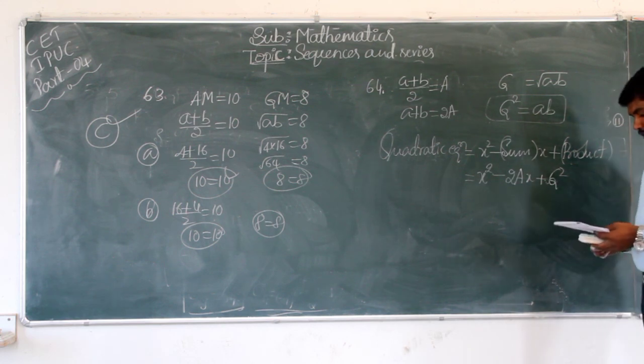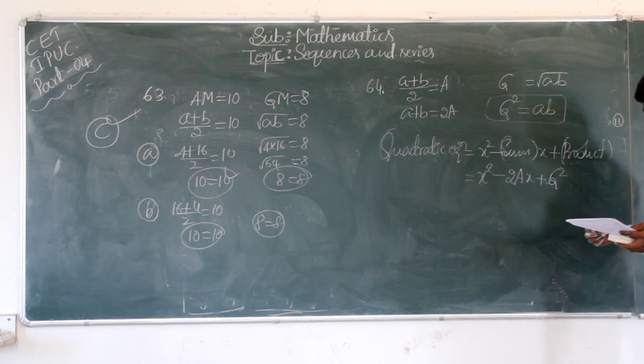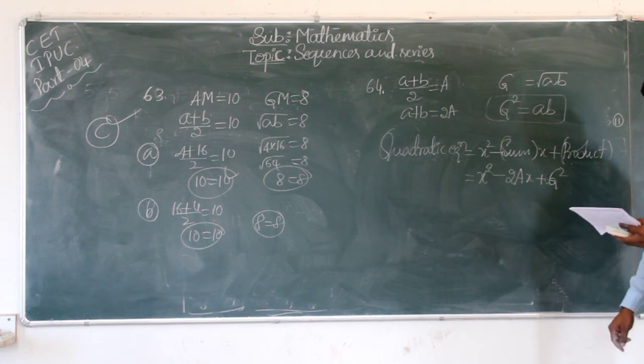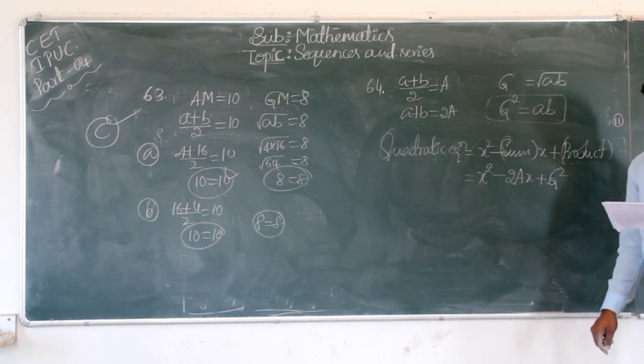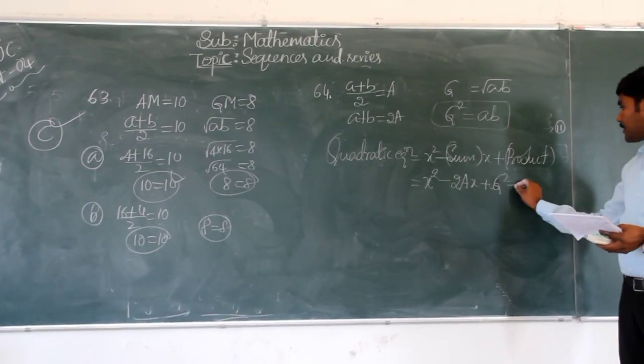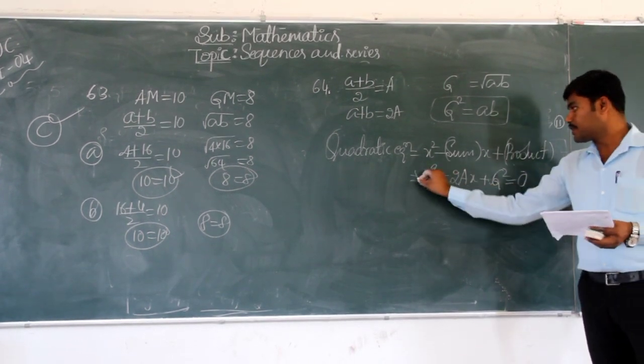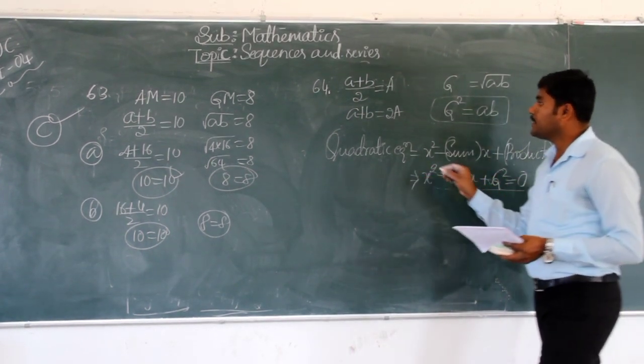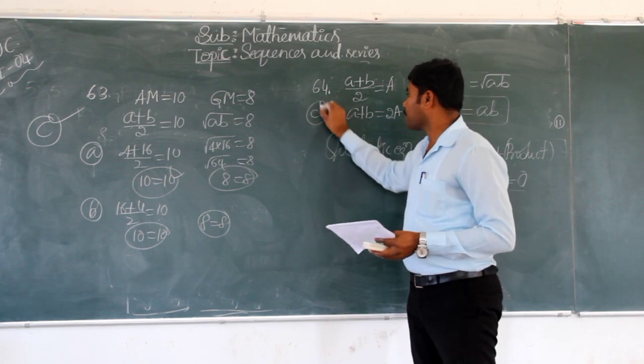Now check the options. Option A is x square plus ax plus g square. Option B is x square plus 2ax plus g square equals 0, which is also wrong. Option C is x square minus ax plus g square equals 0. Option D is x square minus 2ax plus g square equals 0. This is the right answer. Option D is the right answer.